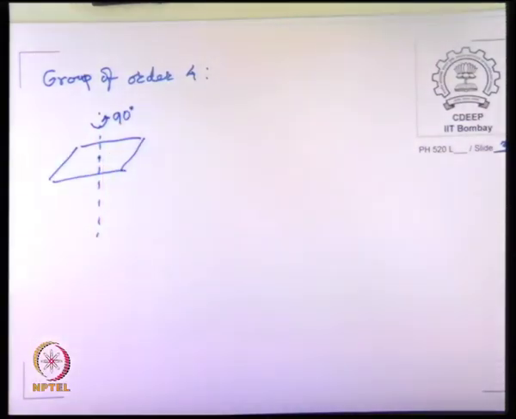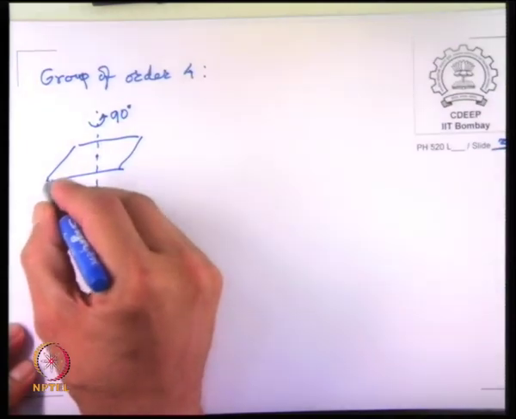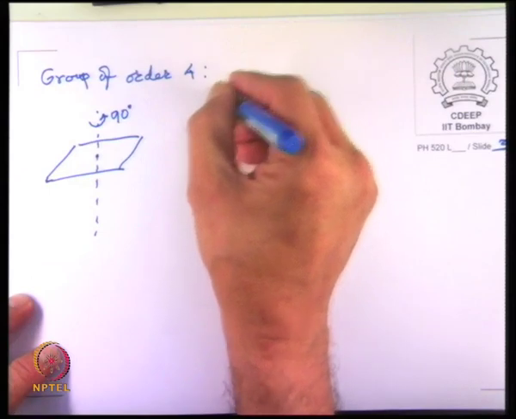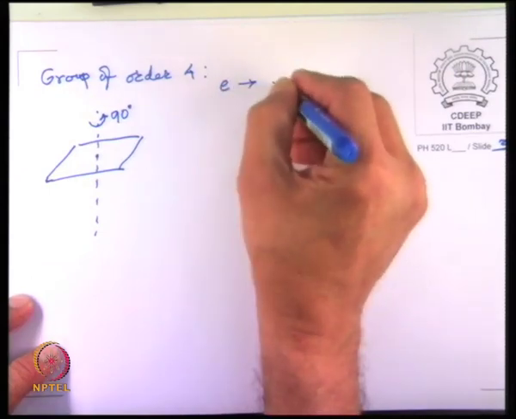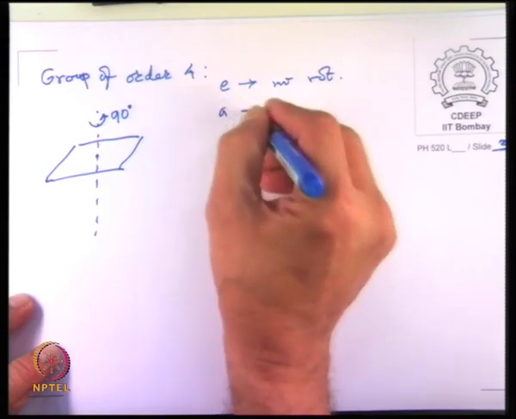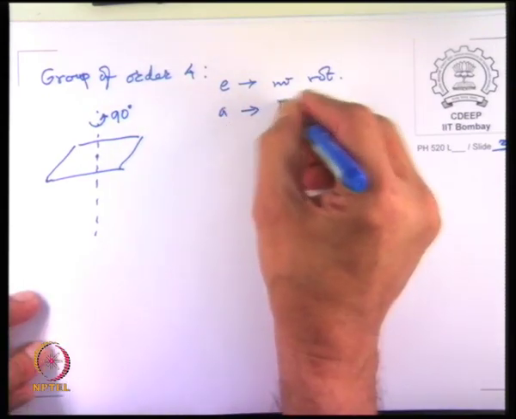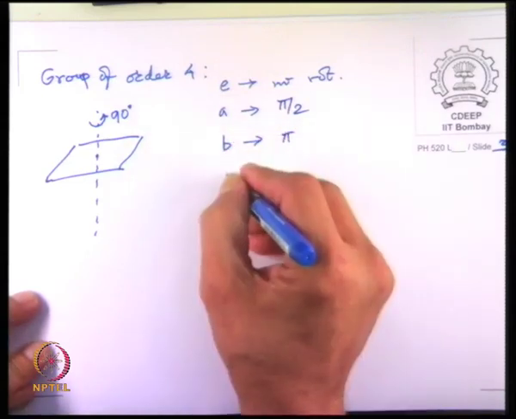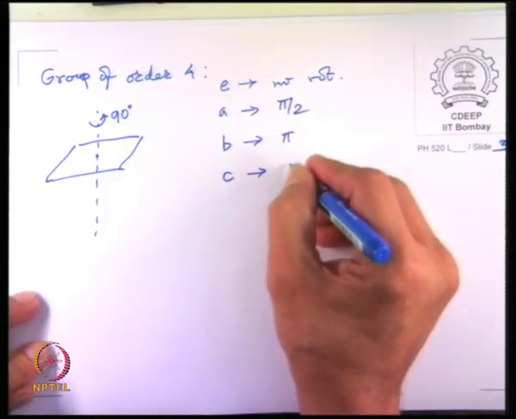So if we have a square, of course identity is no rotation, and let us say A is 90 degrees or pi by 2, B is pi, and C is 3 pi by 2.